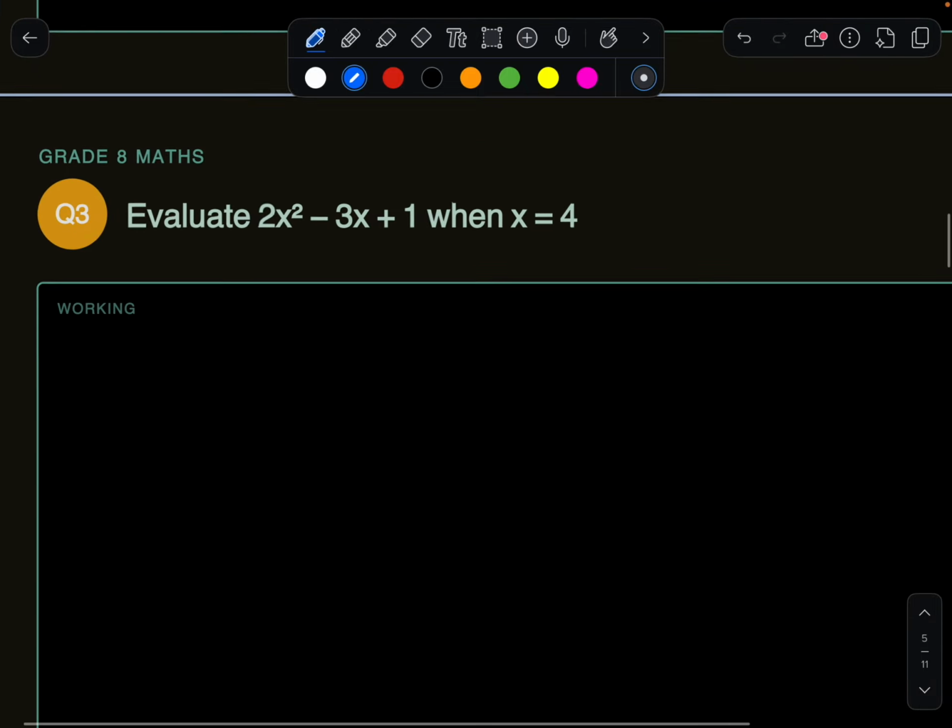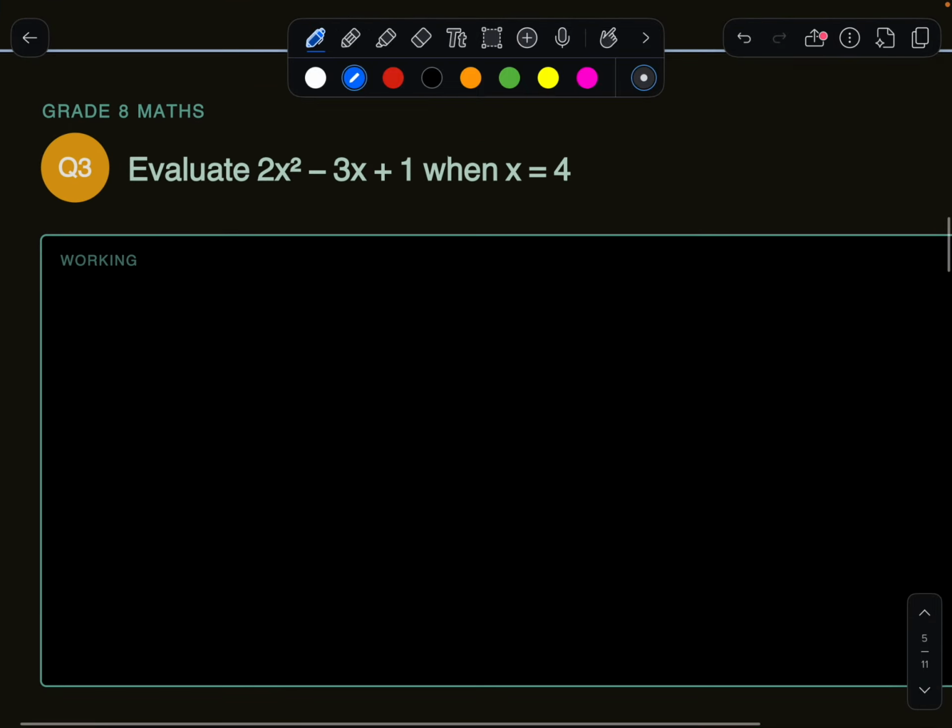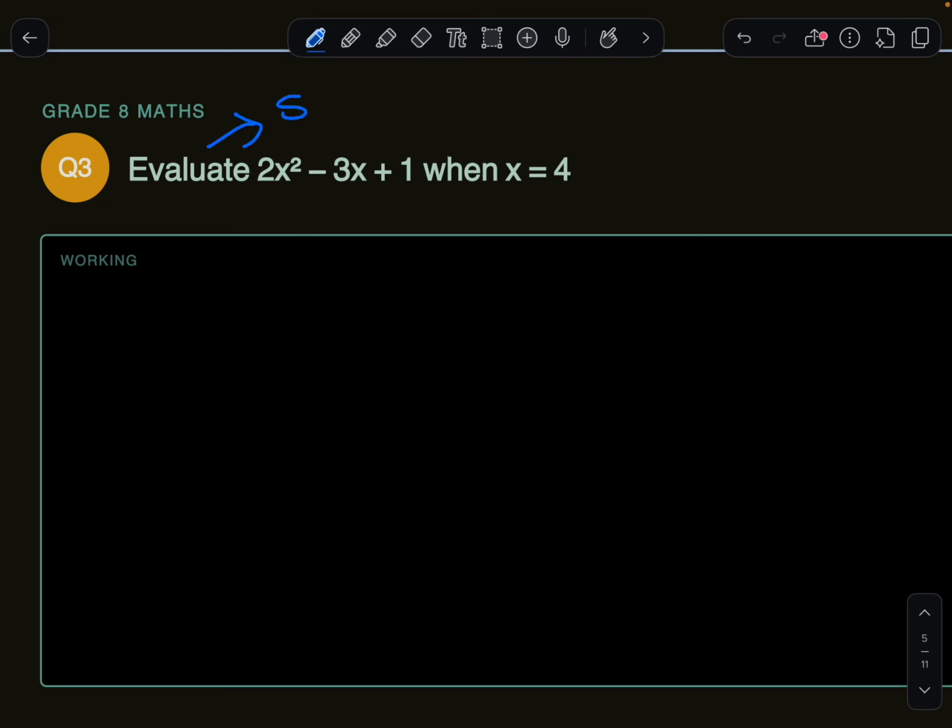Question 3, evaluate. When you see that word evaluate, that is your clue that it is a substitution question, because they don't always say substitute. So evaluate this when x is 4. You have the expression 2x squared minus 3x add 1.